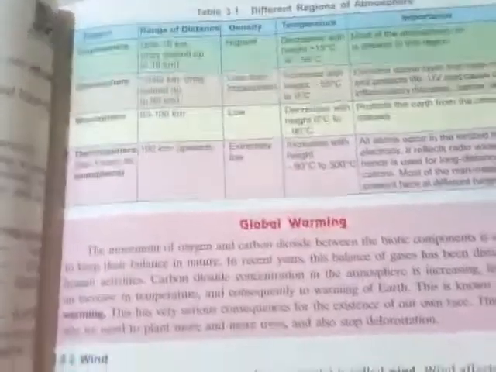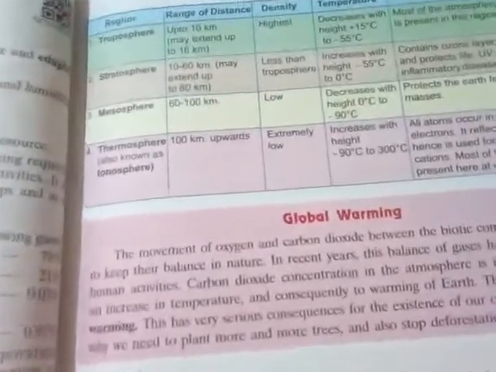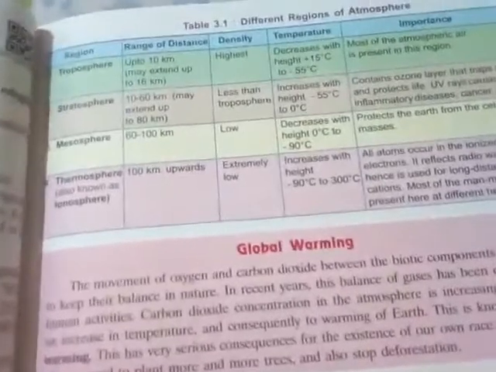this is very dangerous for us, because nowadays the environment is being polluted because of high population density as well as different kinds of other human activities. So this global warming is coming.